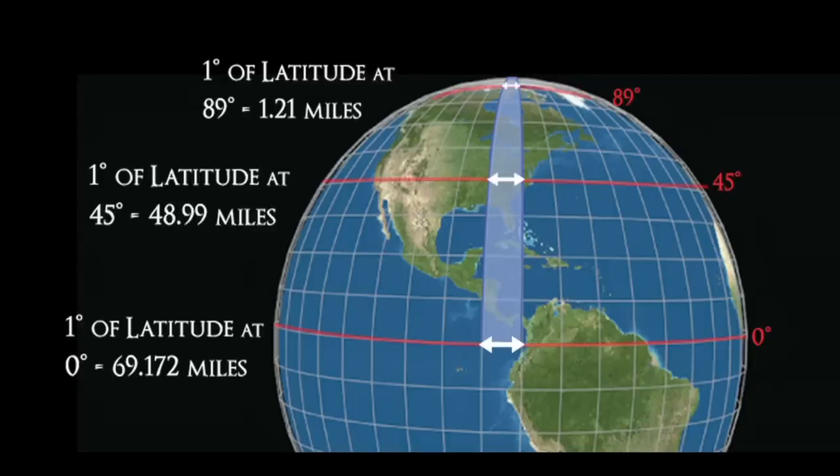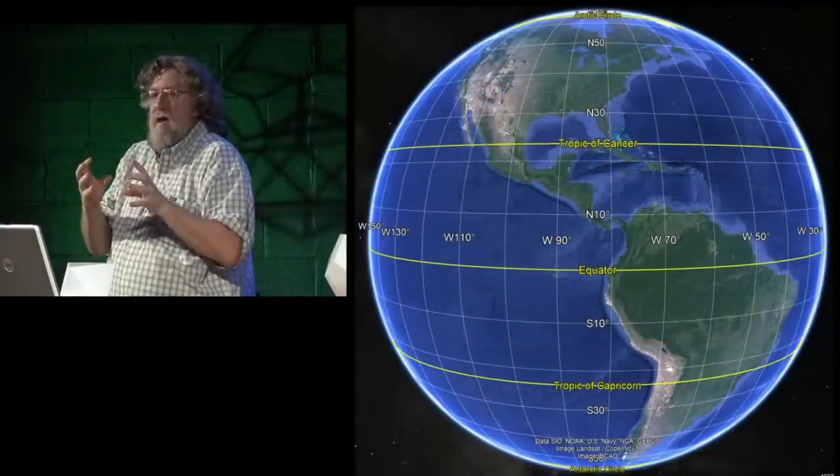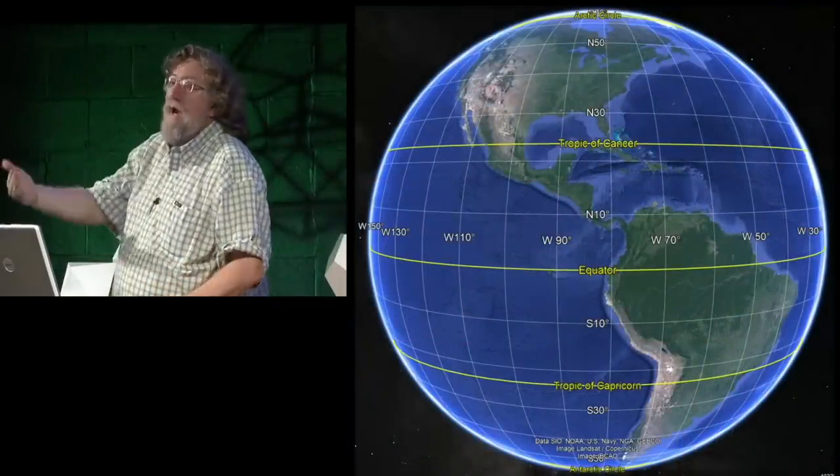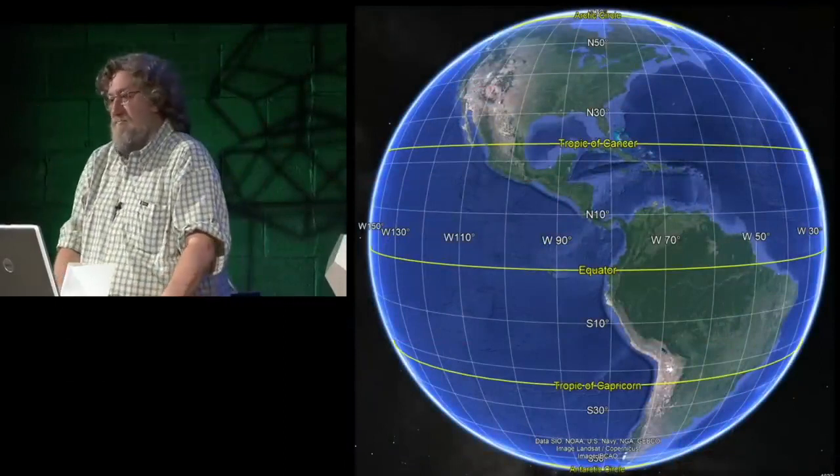Then when you get up to the pole itself, when you're 1 degree away from the North Pole, you only have to go 1.2 miles because those meridian lines have converged. So the thing to grasp here is that if we're measuring the size and the shape of the Earth, that's going to vary depending on where on the Earth we're making those measurements.